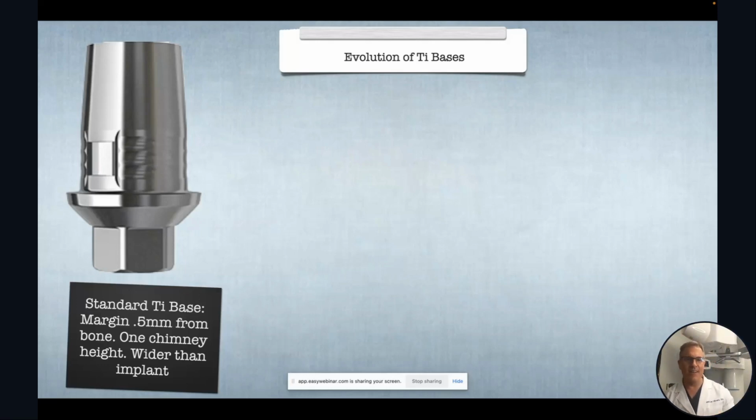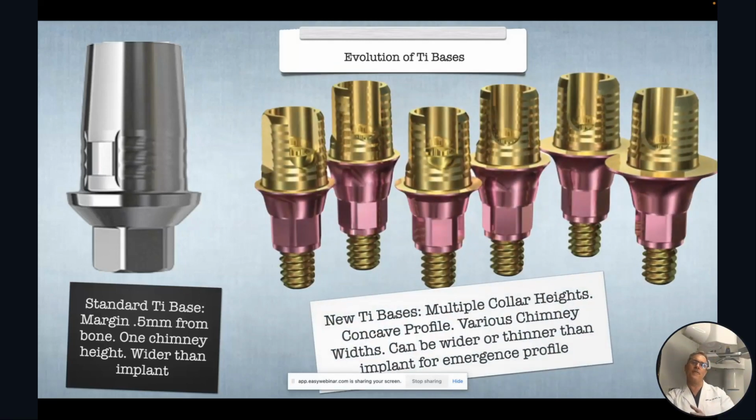Two, it's the wrong color, right? It is gray. One thing I'm really impressed with is the evolution of tie bases, and what you're seeing here is the Implant Direct Smart Base. People stepped aside and said, okay, look, this is a dumb design, so we've got to design it differently. And so tie bases now have variable heights.